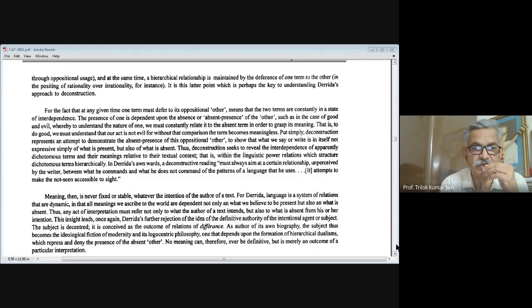Thus, the subject is decentered. It is conceived as an outcome of relations of difference. As author of its own biography, the subject thus becomes the ideological fiction of modernity and its logocentric philosophy, one that depends upon the formation of hierarchical dualism, which represents and denies the presence of the absent other.